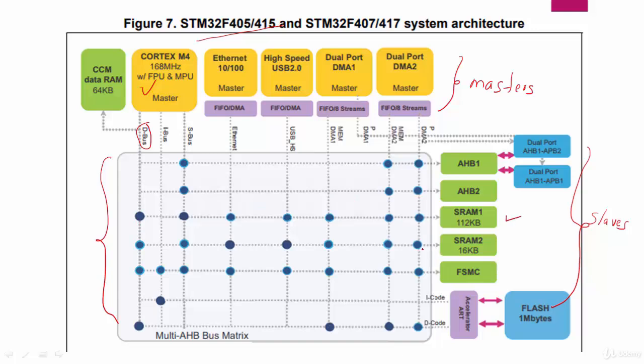The processor can use the D bus to communicate to SRAM 2, and to the FSMC. This is an external memory controller, so don't worry about that. The D bus can also communicate with this slave, and at the end the D bus can also talk to the flash to fetch data.